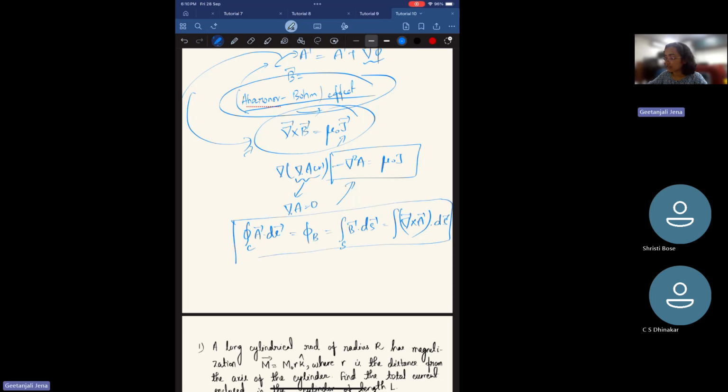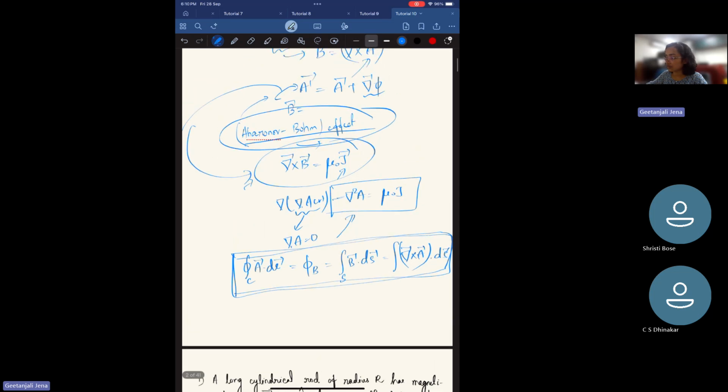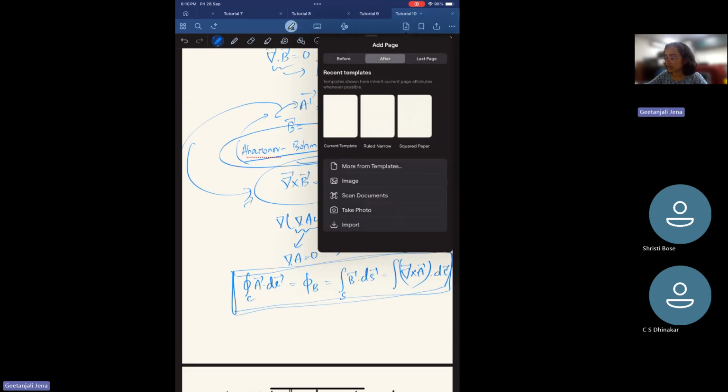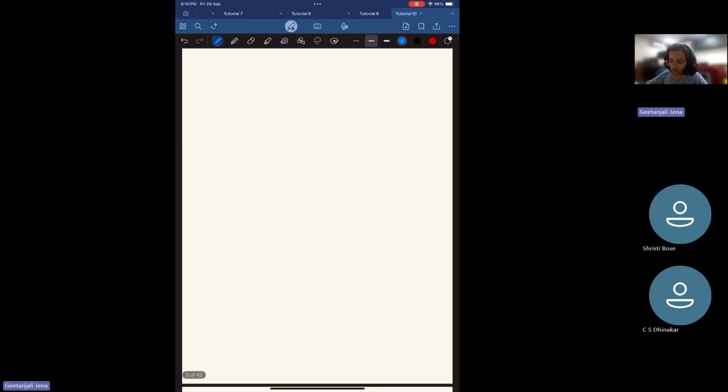So always try to remember this relation so that it will be helpful for you to solve numerical problems. After that, we have seen how the magnetic potential behaves at a large distance.